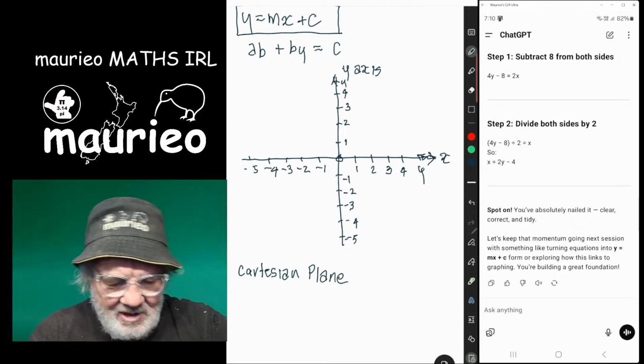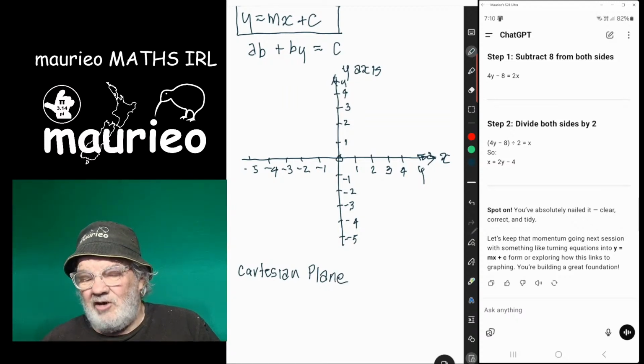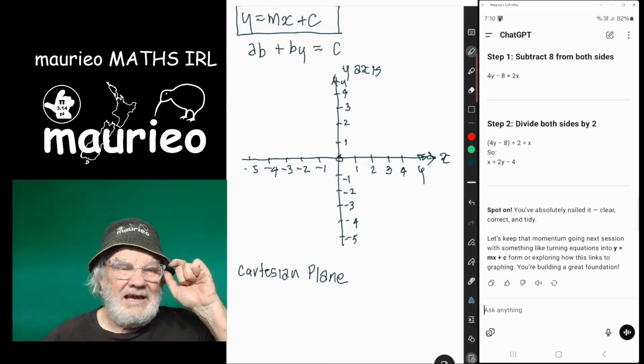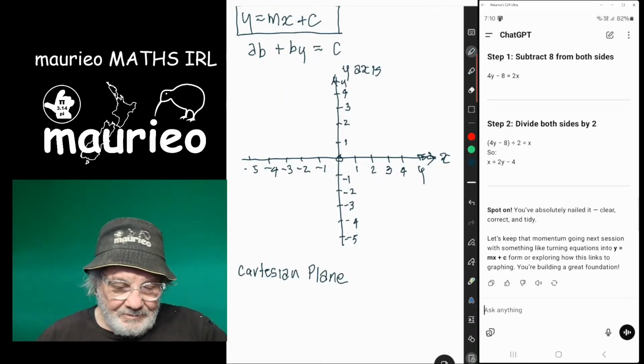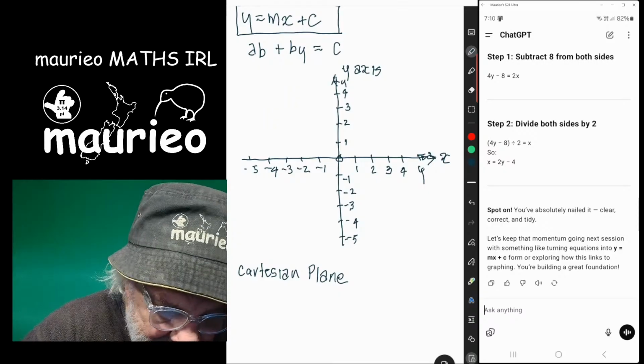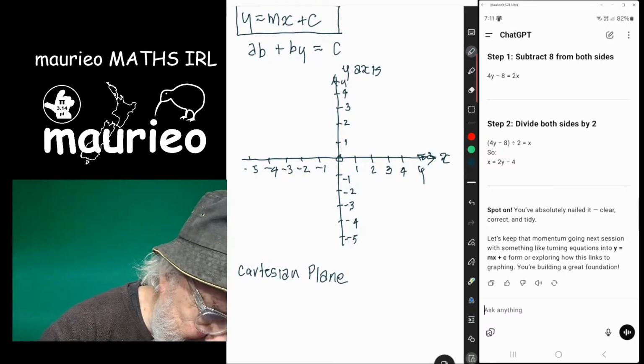It's a flat plane. And so on that plane we can determine any point exactly.